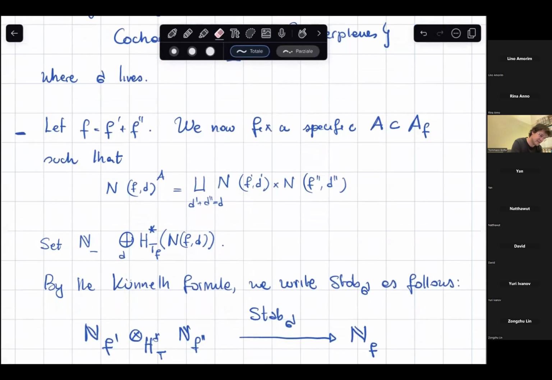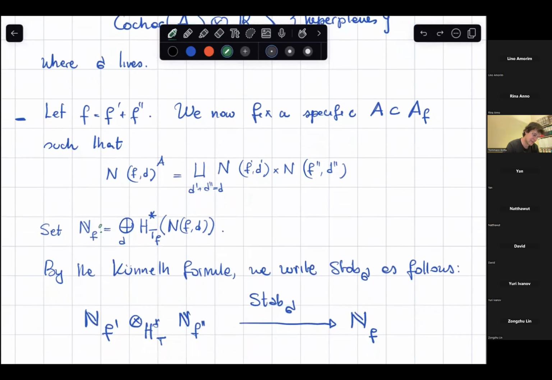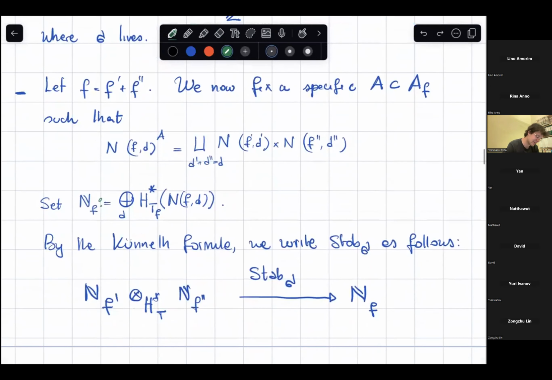So the reason why this result is important is that as soon as we define an F with this M as the direct sum of all cohomologies of quiver varieties for all dimension vectors D, so for all dimensions of the principal quiver, the original quiver, then by the Künneth formula, we can write the stable envelope like some kind of multiplication map.